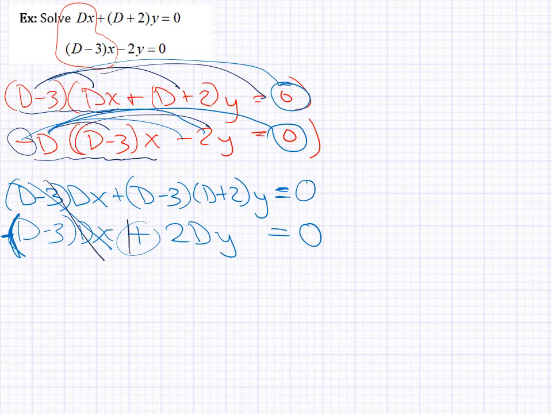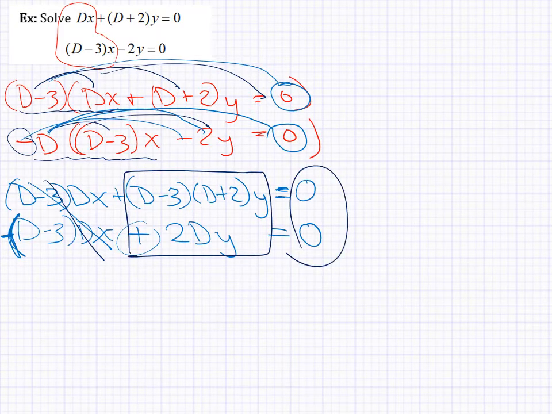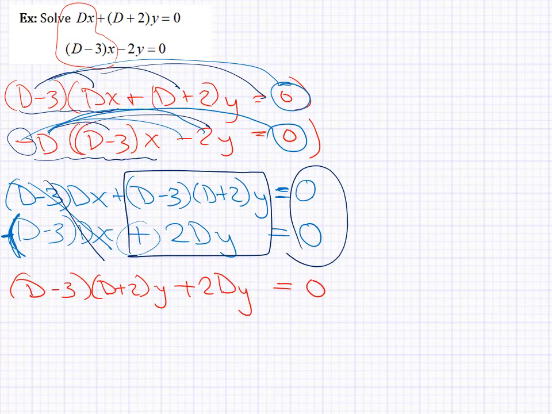Since the x's now are gone, this is what I'll have on the left and right side of the equation. So I'll have D minus 3 times D plus 2, y, plus 2D y equals 0. In order to solve this for y, I would have to distribute this out, collect any like terms, and then see what equation I have.